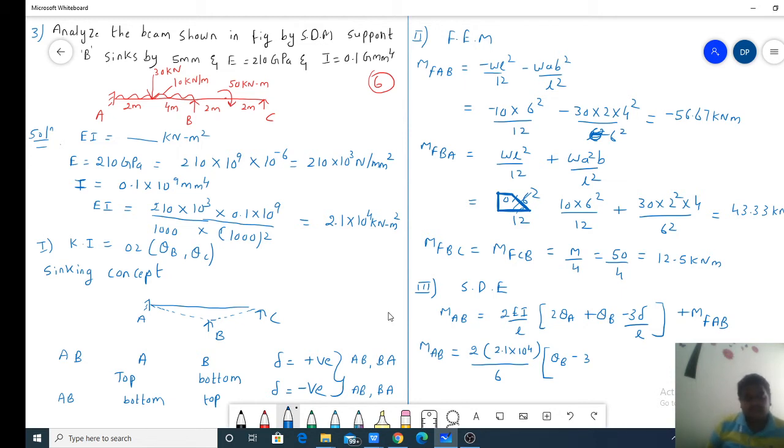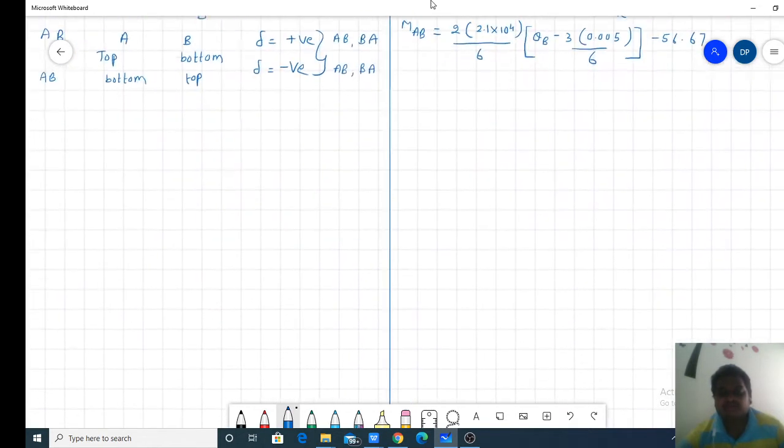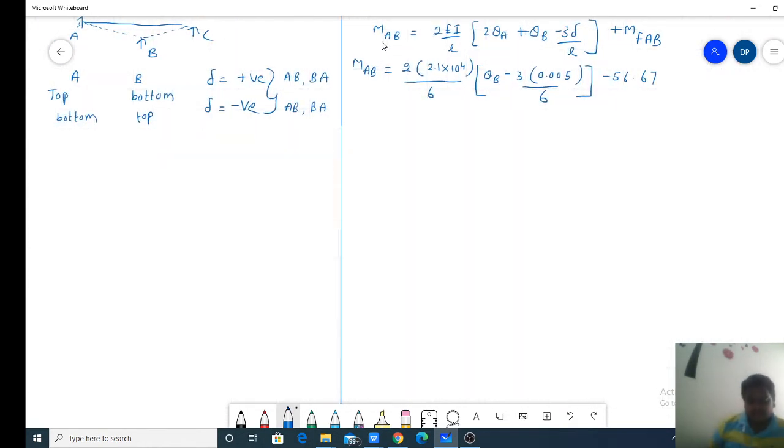Now as you know that here A is to the top and B is to the bottom, so delta will be positive, so this will be 0.005, right? And span is 6. And MFAB, you know that minus 56.67, right?